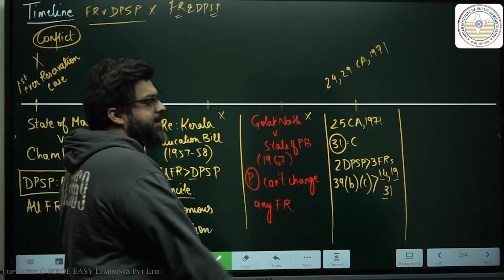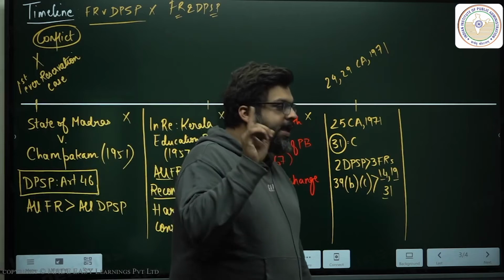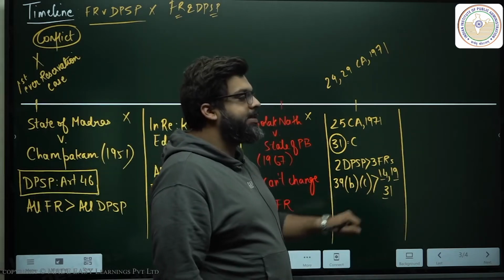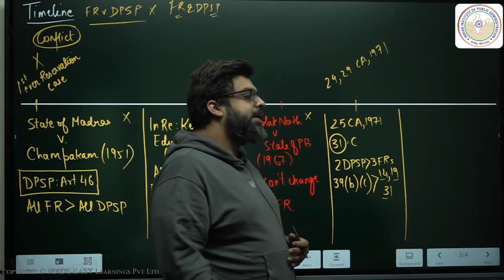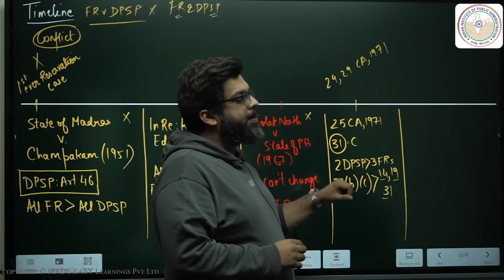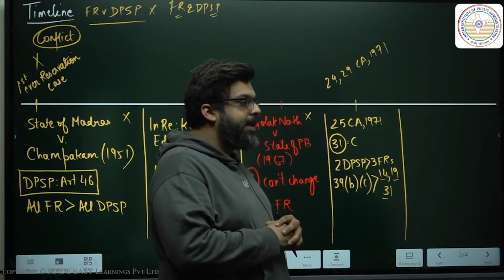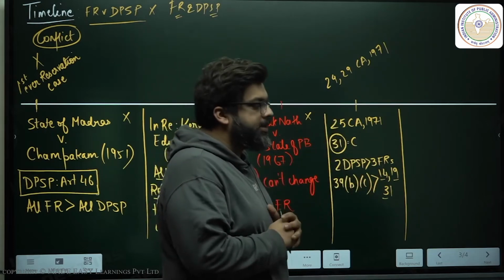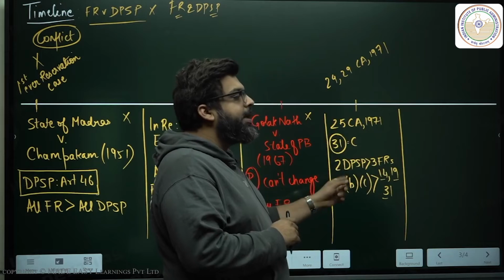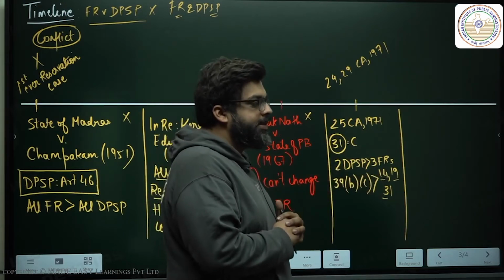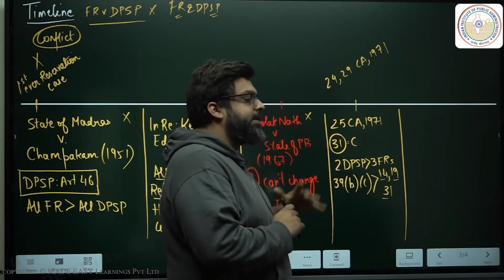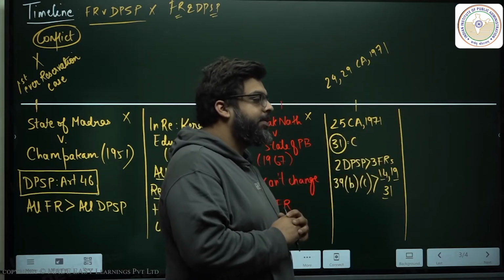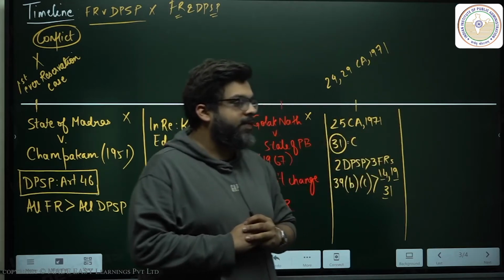What basically this means is, if the government does anything to implement Articles 39B and C, and your only objection to this is the fact that it is violating 14, 19 and 31, then that objection is not valid.